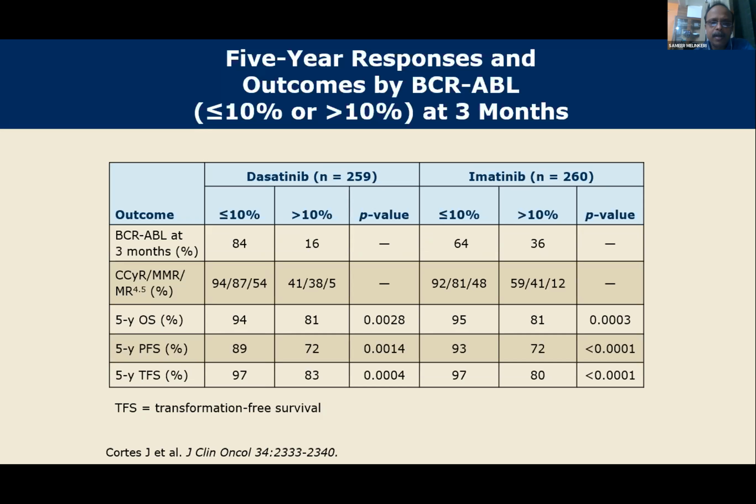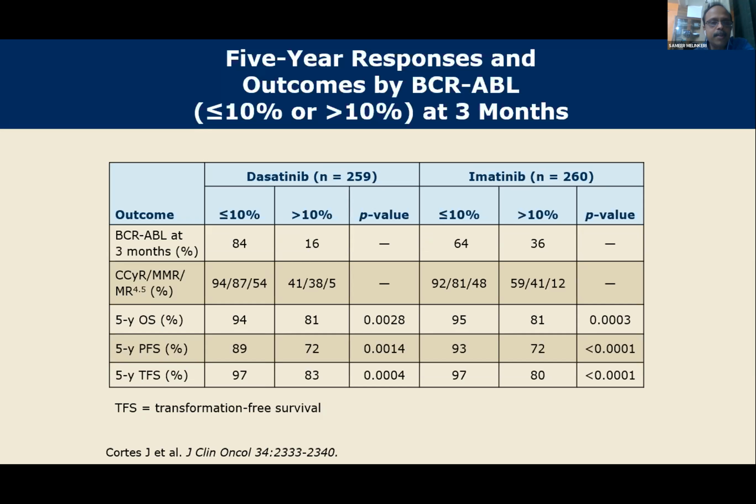The cytogenetic responses, the MMR and the MR 4.5 were all more in favor of dasatinib. And it was noted that the 5-year OS, the PFS, and the transformation-free survival, if you were less than 10% versus more than 10% at 3 months, they were statistically significant.